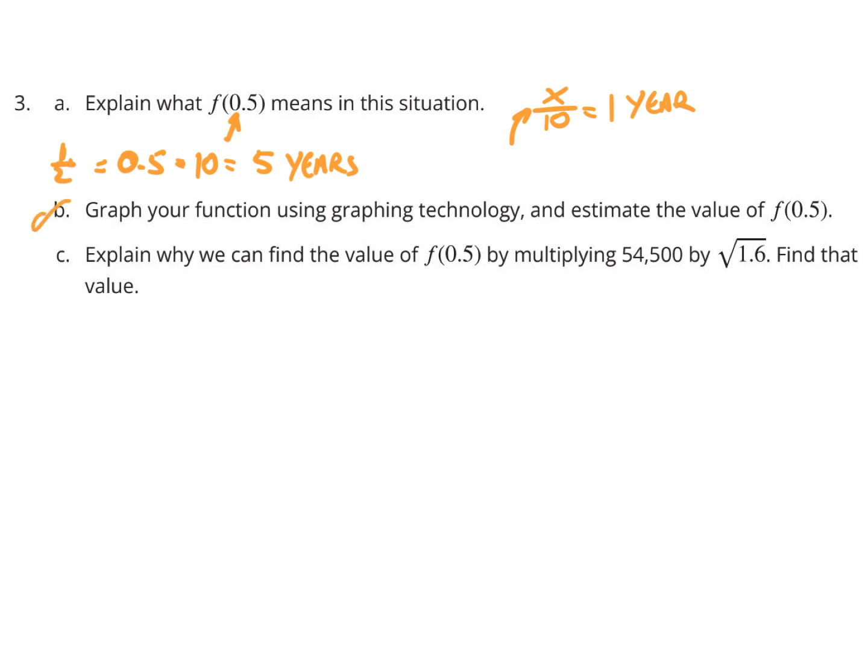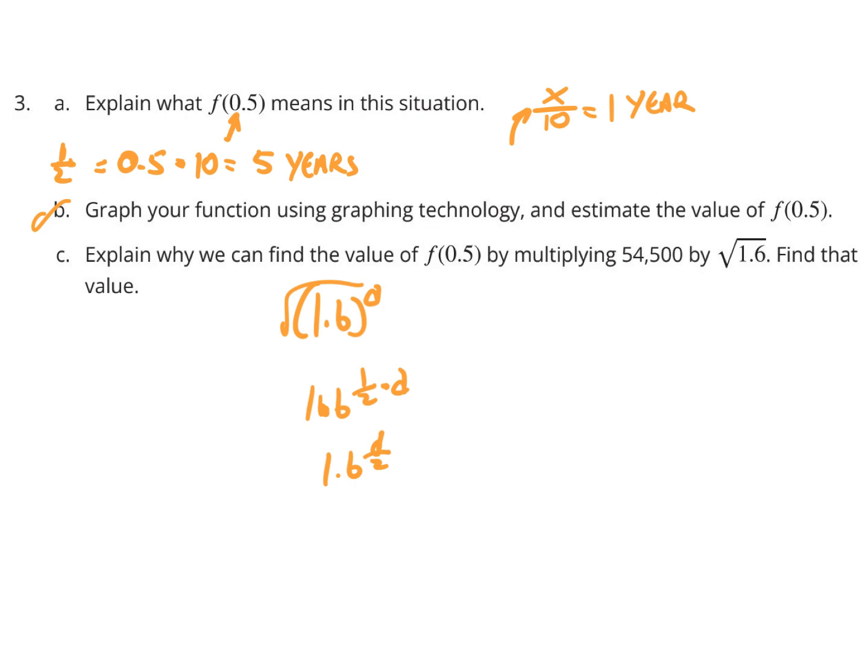So f of 0.5 is the same as 1.6, our factor. 1.6 to the d was our factor, right? D stood for decade, which was 10 years. If you take the square root, that's the same as saying 1.6 to the 1/2 times d, or 1.6 to the d over 2, which is the same as a half.